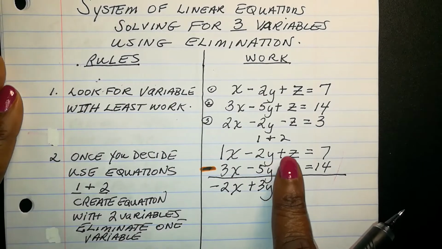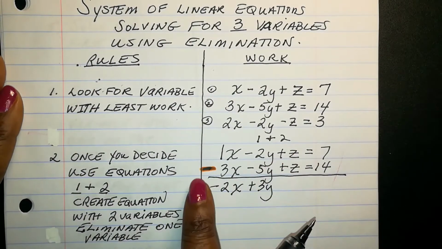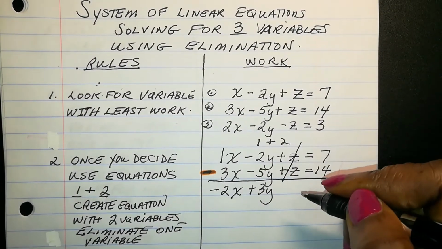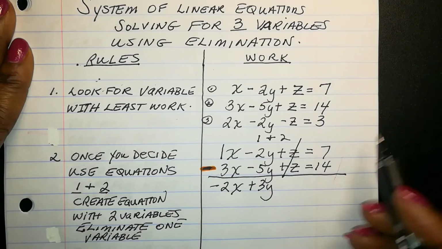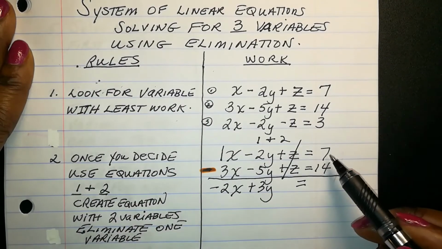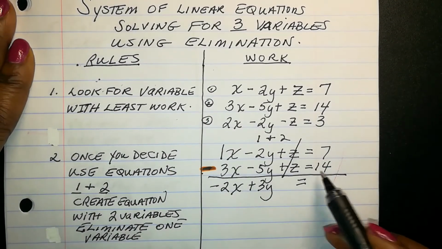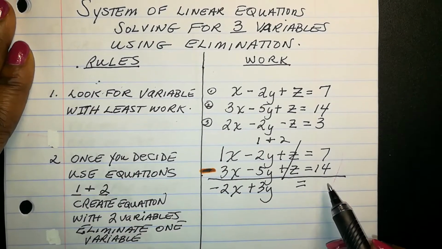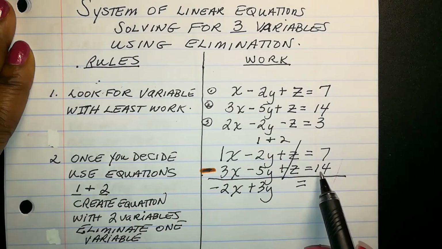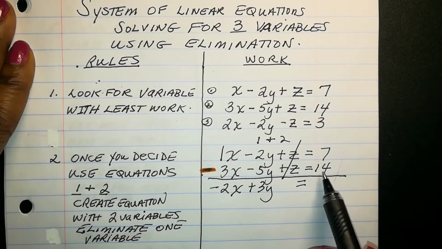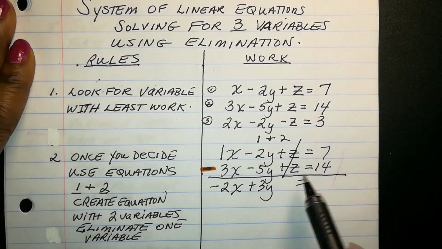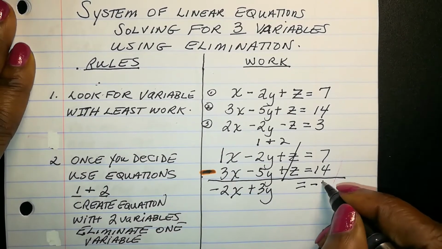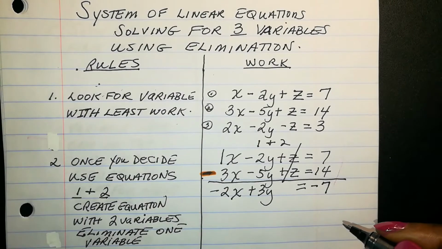Then we have the z's. A positive 1z minus a positive 1z. We know that's going to cancel. 1 minus 1 is 0. And then we have at the end 7 minus 14. That would give me a negative 7 as my answer.